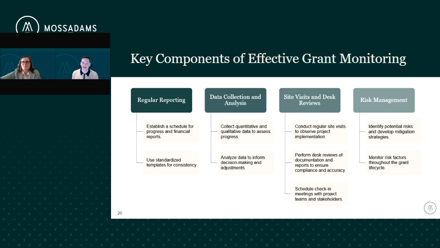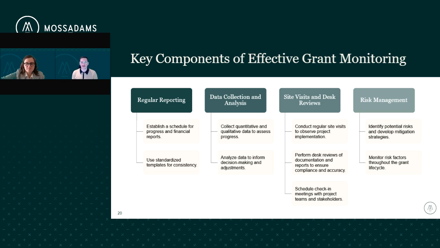So make sure that you're collecting quantitative and qualitative data to measure progress, and then analyze that data to inform decision-making and make any adjustments that may be needed, maybe to pivot in order to meet your objectives, or maybe the climate has changed and needs have changed for your award. Use that data to make sure that it's influencing your decision-making.